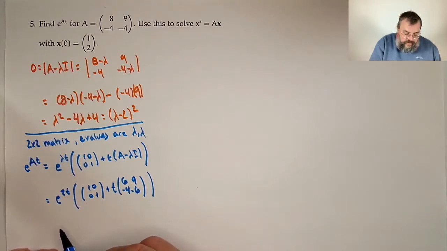If we just clean that up, we can multiply the e^(2t) through and put those together.